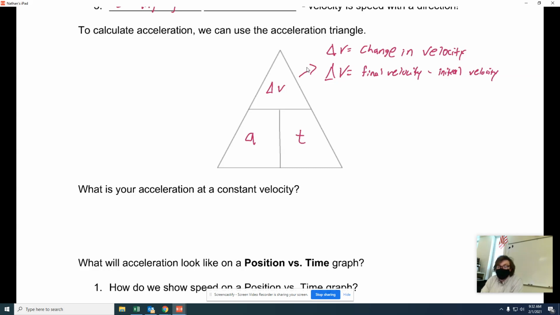So if we ever have to find the initial velocity or the final velocity, we'd have to use this equation as well.